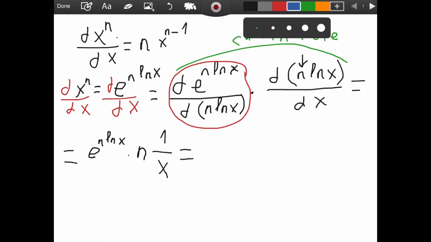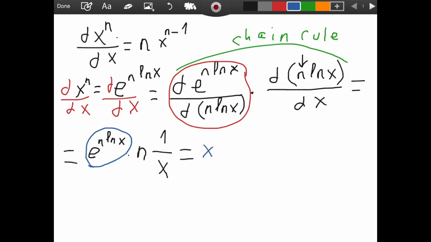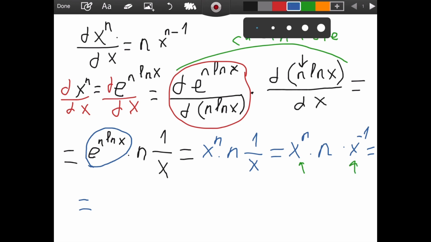And now, this is the final part. We said at the beginning that e raised to the power of n times ln x is equal to x raised to the power of n, times n times 1 over x. Now, I think you are seeing where we're going with this. What can we say about 1 over x? Well, it is just x raised to the power of negative 1. And since the bases are the same, we can add the exponents in the case of a multiplication, which is the case.